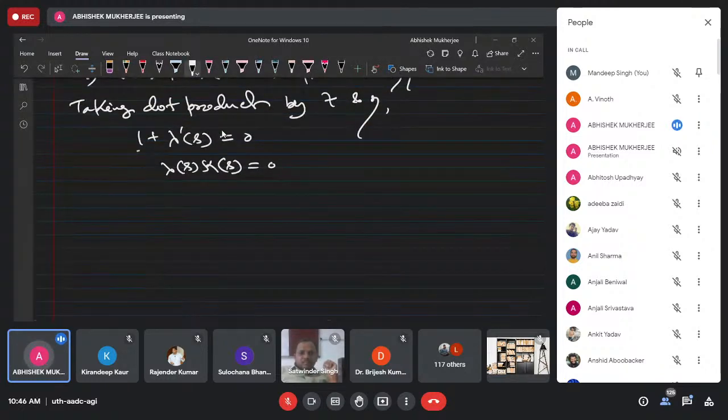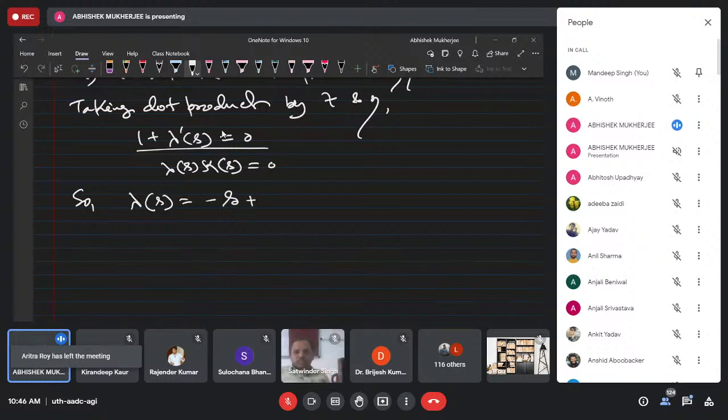So from the first equation, your lambda s will take the form minus s plus some constant, suppose small a.